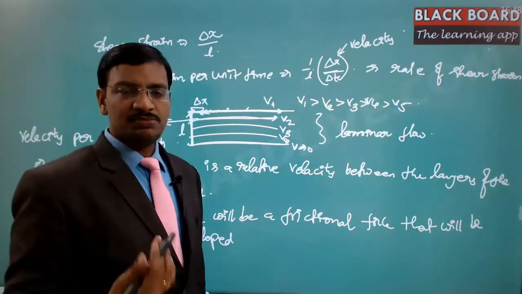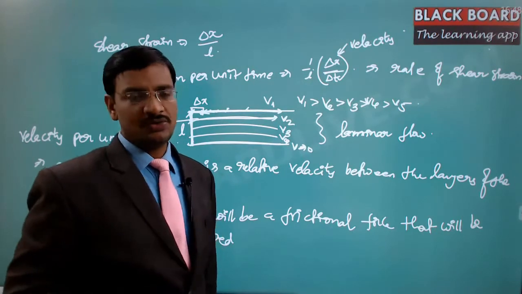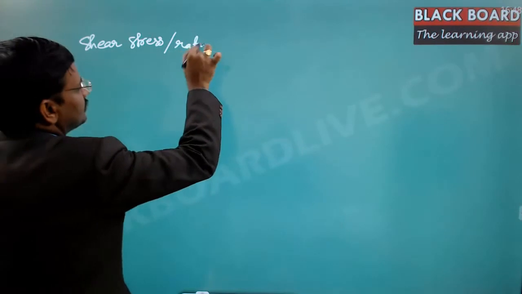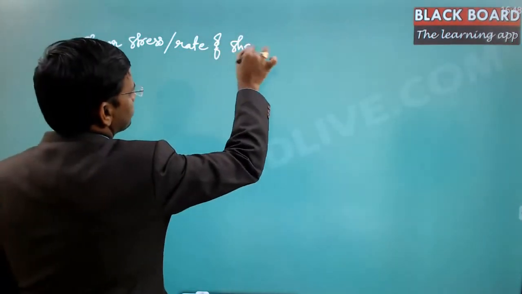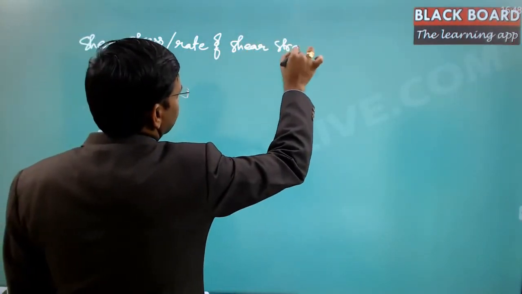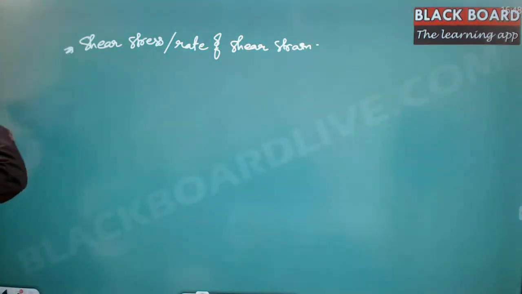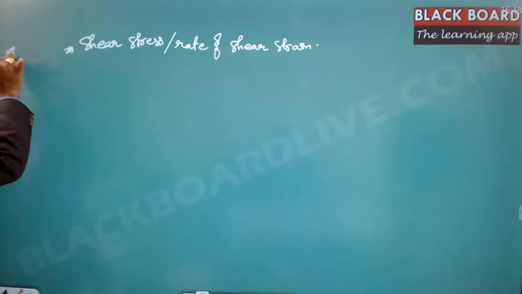Now stress by strain is what we state in Hooke's law. In this particular case, this ratio of shear stress by rate of shear strain is defined as the viscosity coefficient.